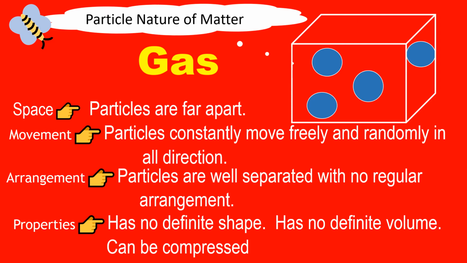And the gas particles are well separated with no regular arrangement. The properties of gas are: it has no definite shape, it has no definite volume, and gas can be compressed.